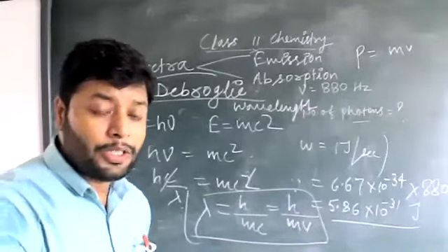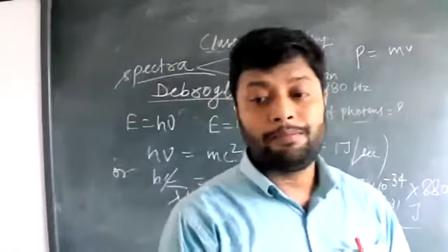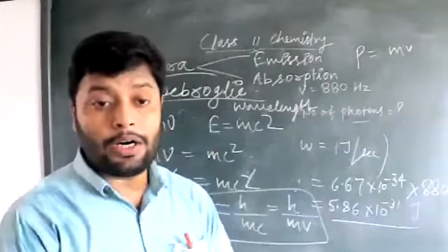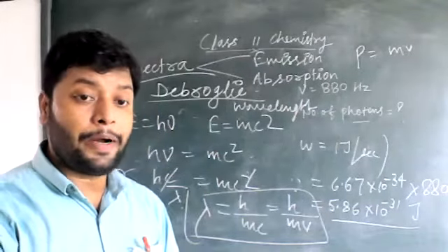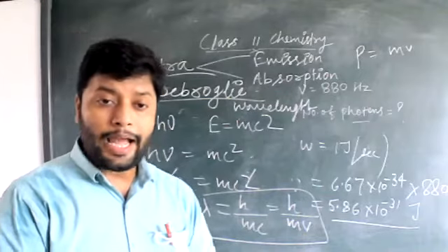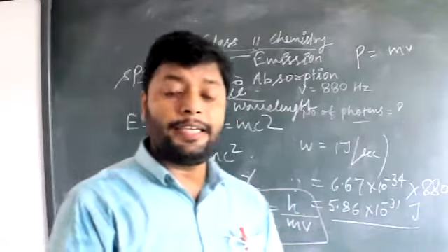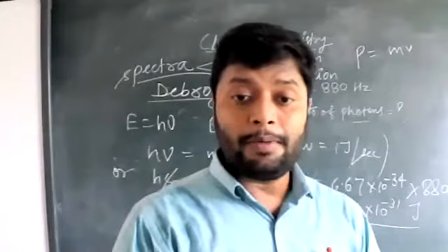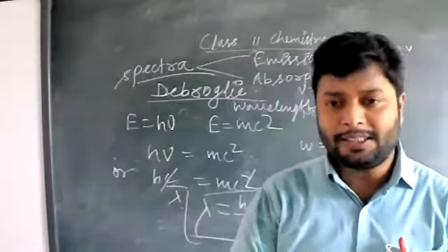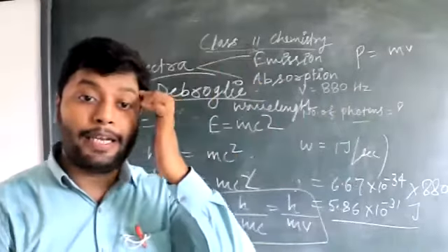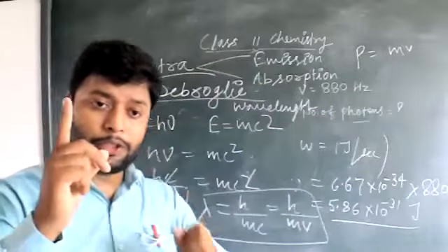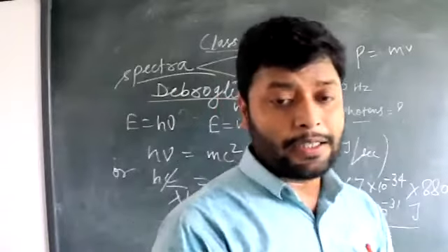Tomorrow we'll discuss one of the important formulas and concepts, the uncertainty principle of Heisenberg, where he first revealed the basic difference between wave nature and particle nature. We'll discuss that topic tomorrow.